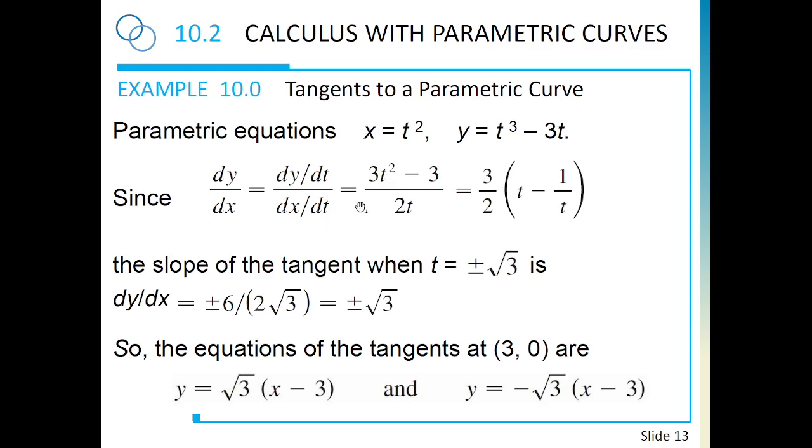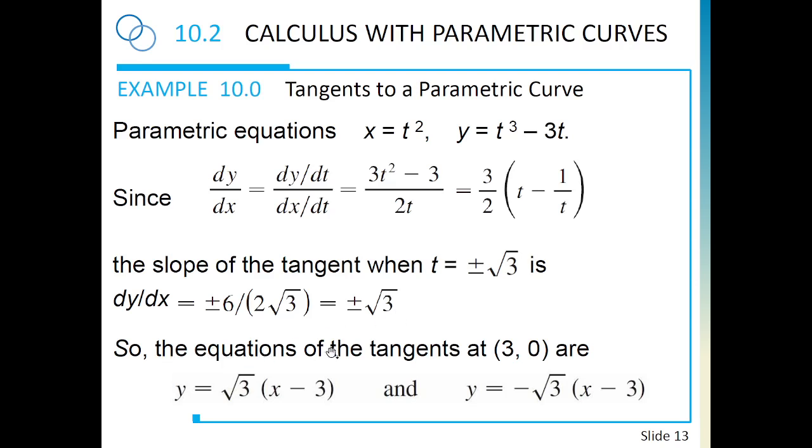The derivative of x here is 2t, and here is 3t squared minus 3. Now we plug in the value of time radical 3 and also minus radical 3 to get two different slopes. Once the computation is done, the slopes are radical 3 and negative radical 3.